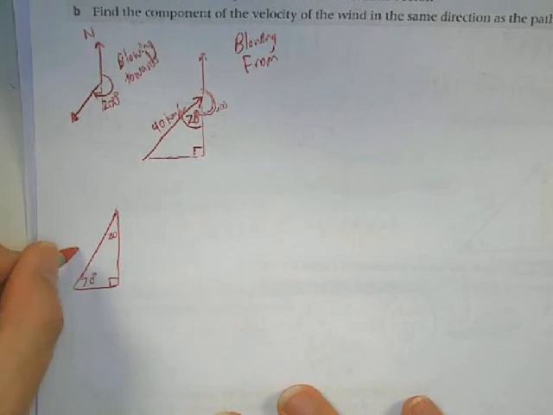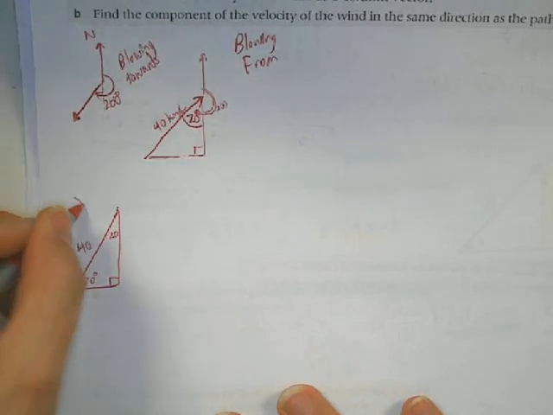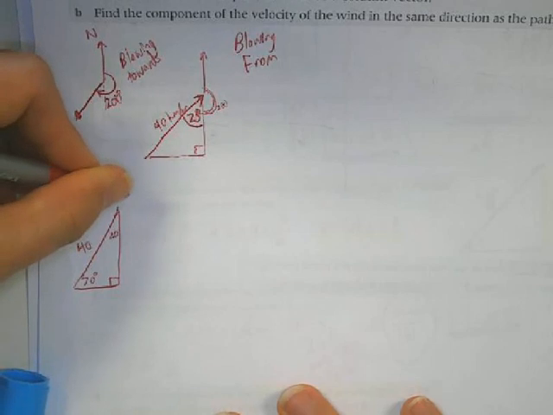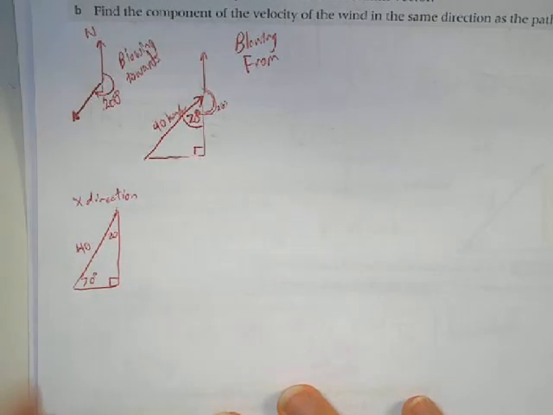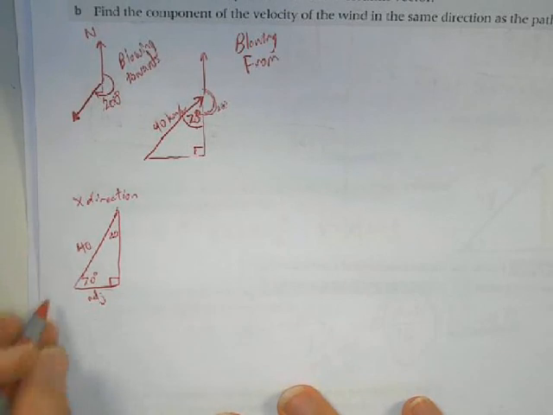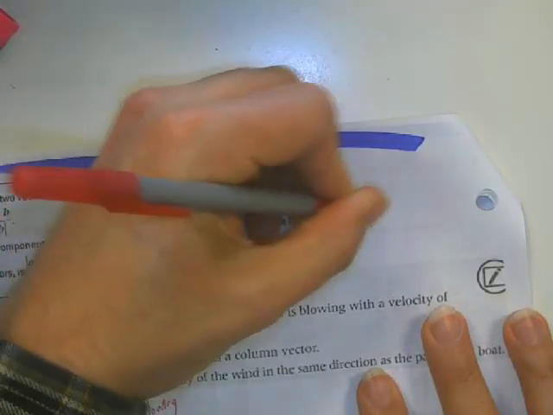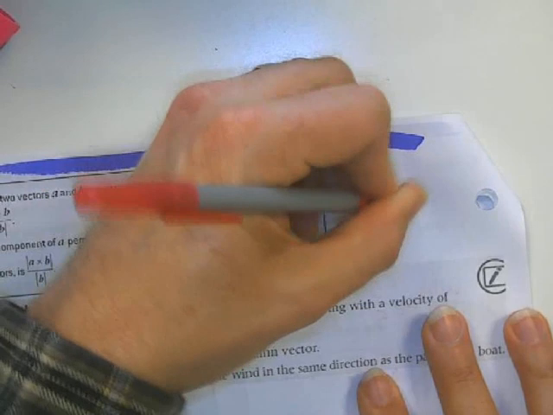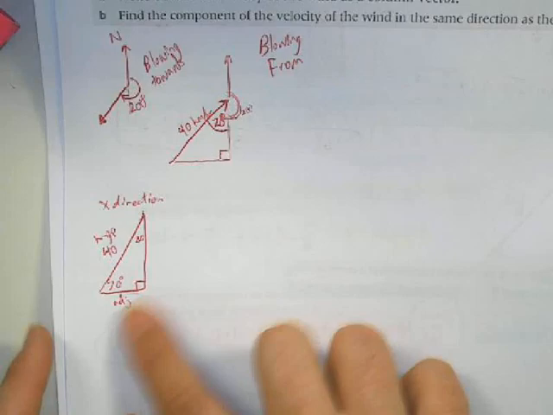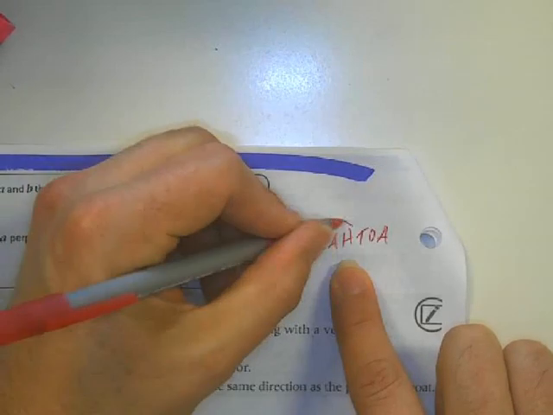This is 40. And so in the x direction, I'm dealing with adjacent and the hypotenuse. So just to help me out, SOH CAH TOA. If I'm working with adjacent and hypotenuse, I'm going to use cosine.